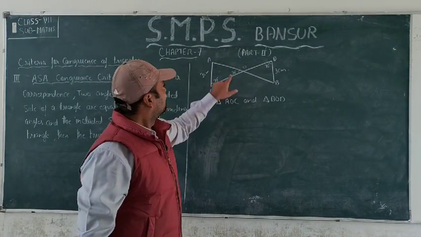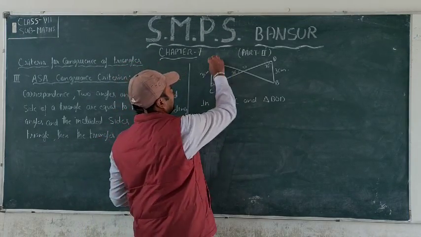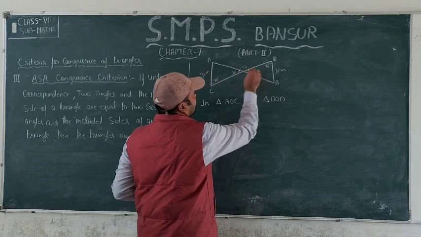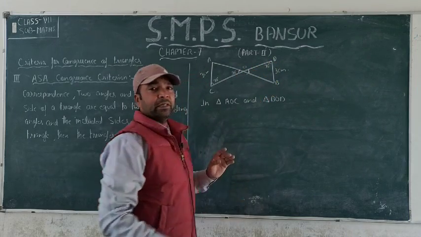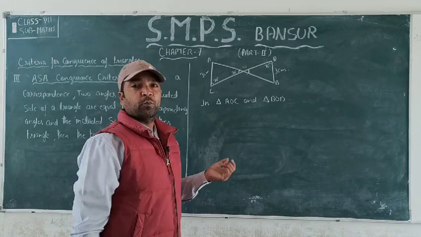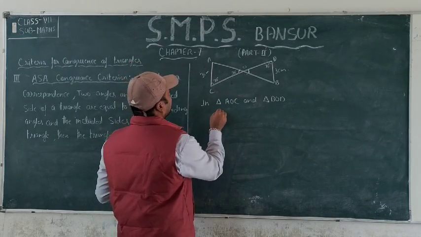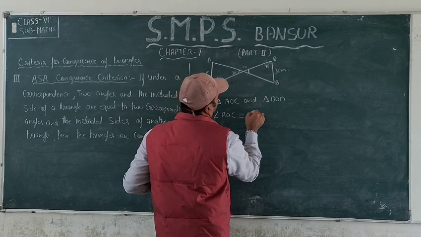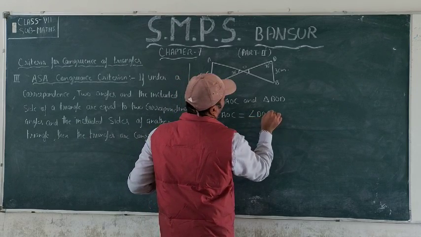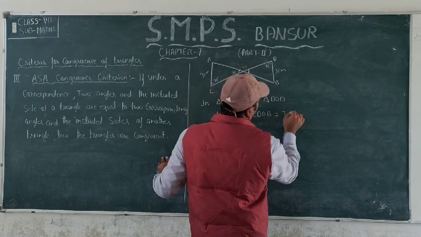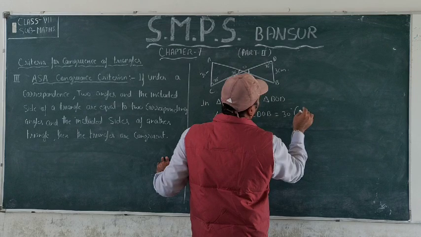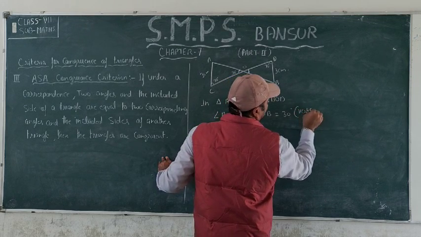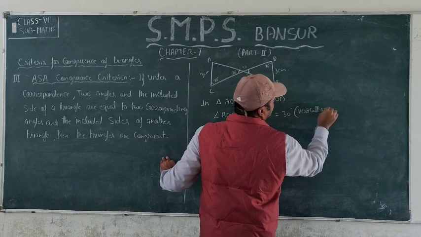Now you know that this angle AOC and this angle DOB are vertically opposite angles, and vertically opposite angles are equal. So we can write angle AOC is equal to angle DOB is equal to 30 degrees, that is vertically opposite angles.